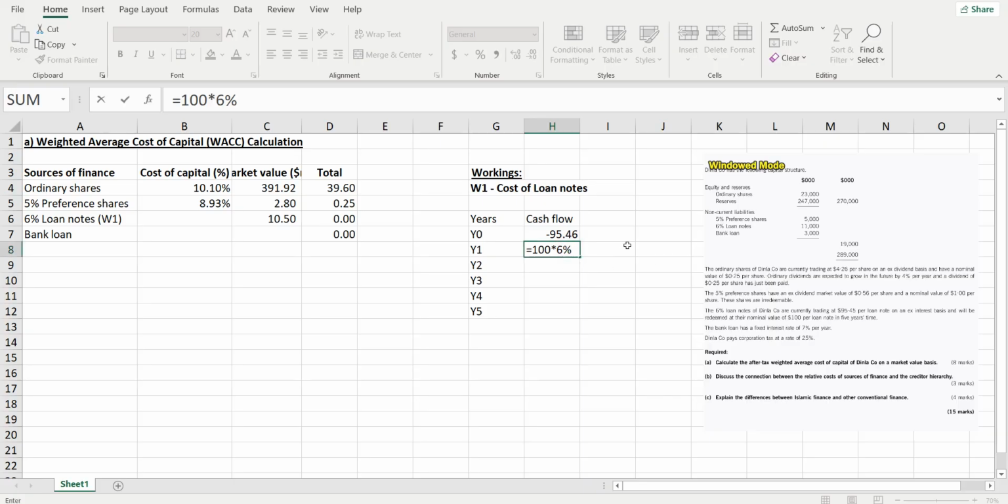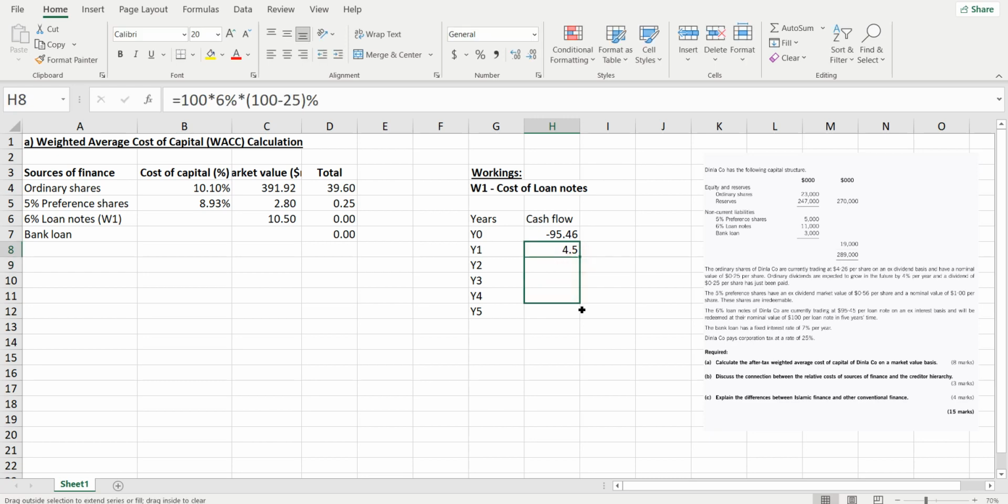So we can do it by 75%, or we can show the working, 100 minus 25%, same, and we can just drag it.